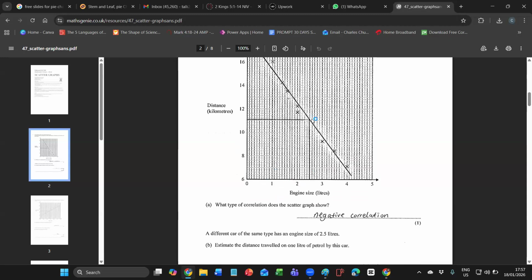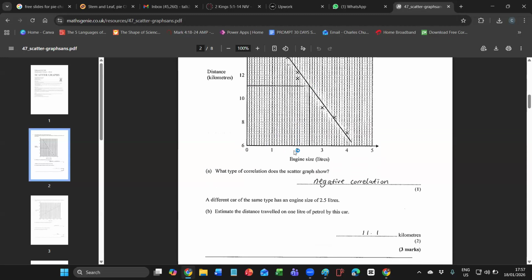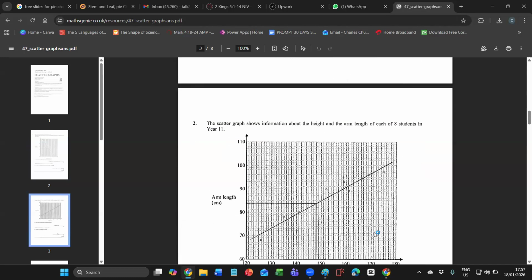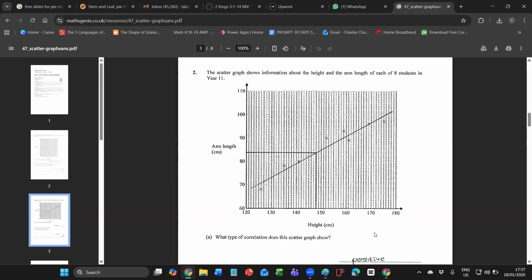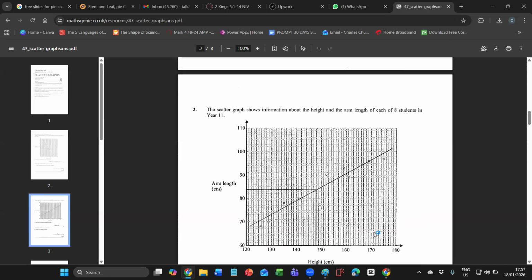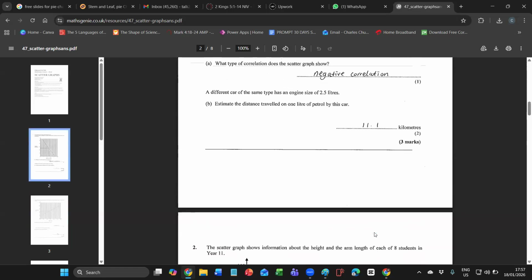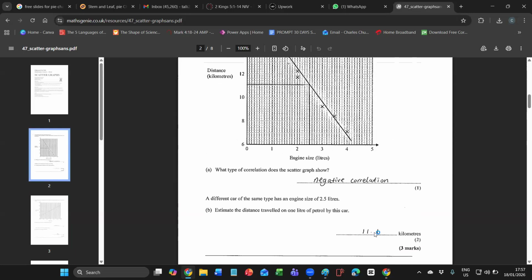And when you place it exactly on the graph, you have 11.1. That's how they got the 11.1. So for this question, you essentially need to really understand what the question is talking about. So you're good with that first one, right? Wait, let me look at it one more time.